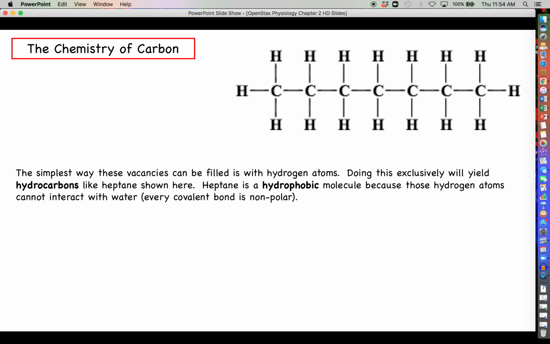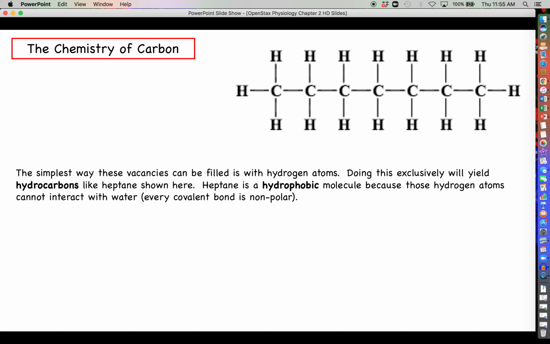So the lesson here is that heptane is going to be a very, very hydrophobic molecule. If you put this into perspective based on one of our earlier discussions on hydrophobic and hydrophilic molecules, you can see that because the carbon skeleton is littered with hydrogen atoms, and because these are all non-polar covalent bonds, if water were to try to surround this heptane molecule, water would not be able to form hydrogen bonds with it, so the molecule in and of itself is going to be hydrophobic.